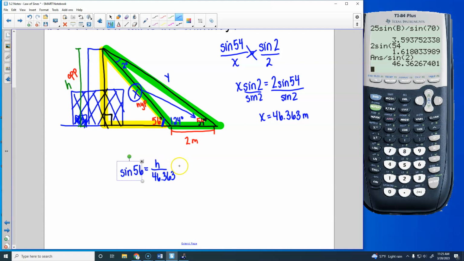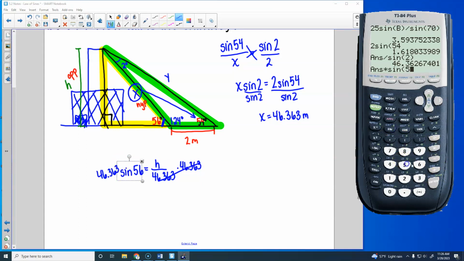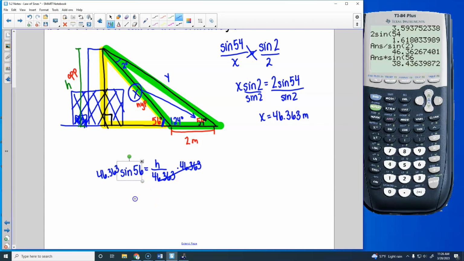And then to solve that, I would just multiply both sides by 46.363. And so if I take that number and multiply it by sine of 56, I'm going to get 38.436.